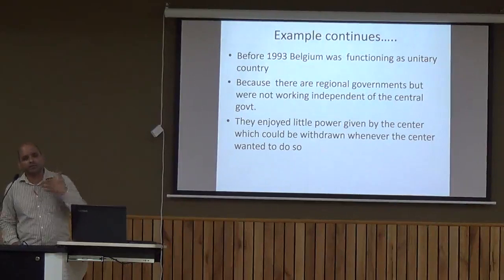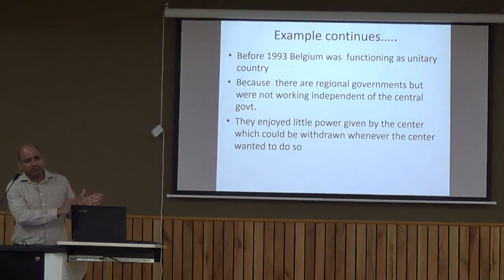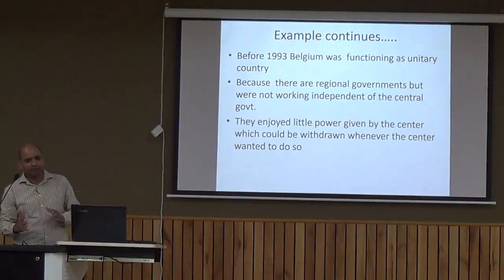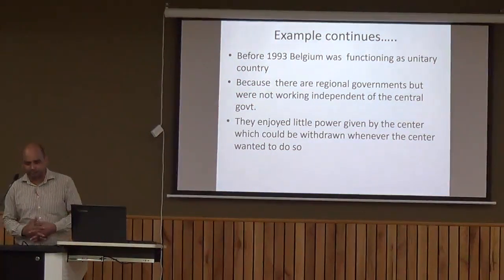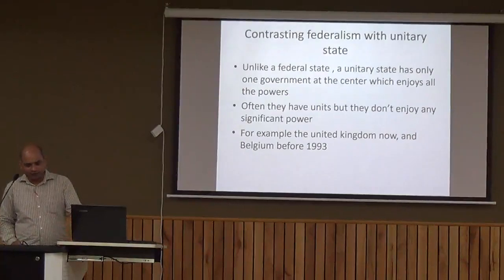After 1993, as we have already discussed in the last chapter, between 1970 and 1993, during these 23 years, the Constitution of Belgium was amended 4 times to make Belgium one of the best federal countries in the world. Right? Fine.